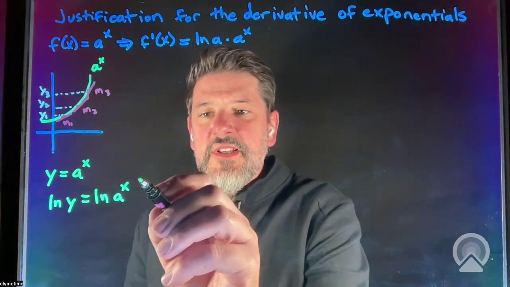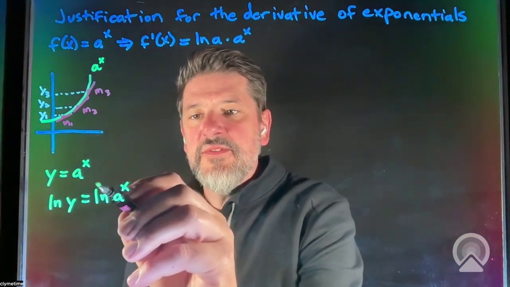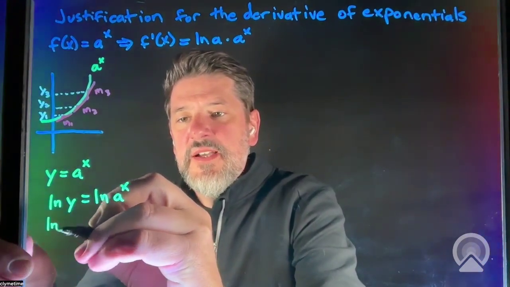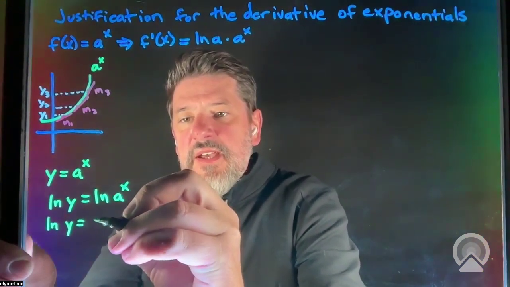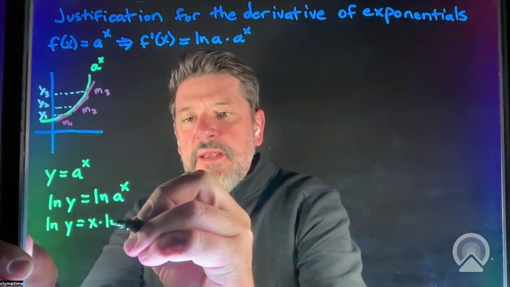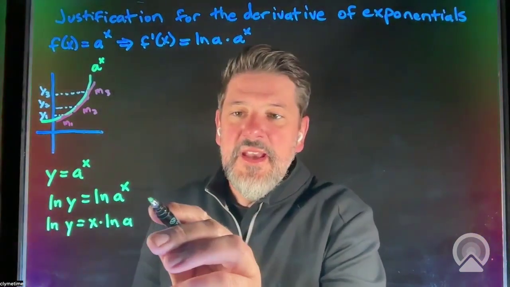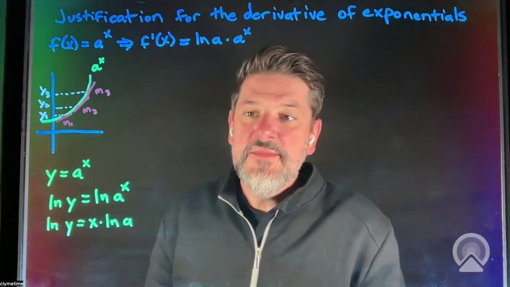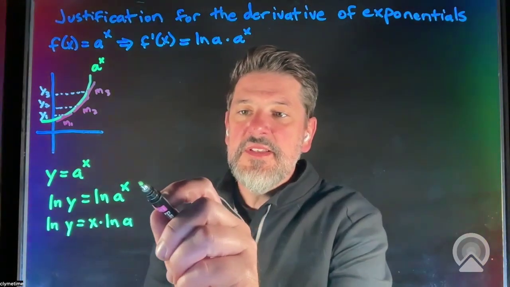The reason why that's useful is we can take that x now and move it to the front of the natural log. So on the left, I have the ln of y, and on the right, I have x times the ln of a. And so now the x is no longer an exponent. This is using the property of logarithms with powers or exponents.